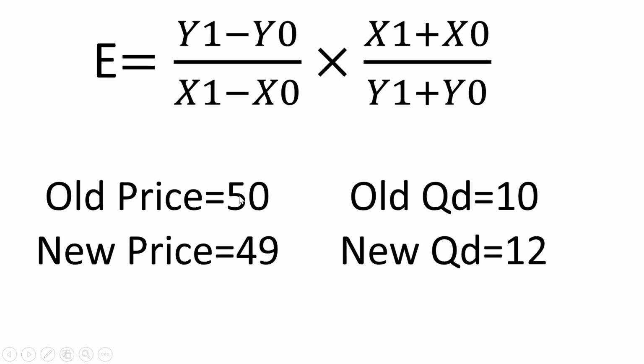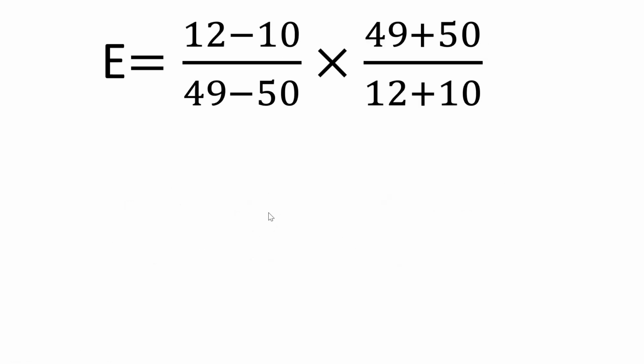Now, understand that when you look at the determinant, the old price was 50 and the new price was 49. This change, when you calculate, is more than 1%. So if you are not restricted in exams, then you should use the arc elasticity formula. Let's work it and see how things will be.